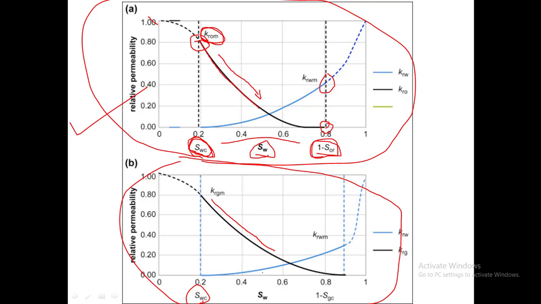You can observe that the permeability of water will also increase, but not as much as in an oil reservoir. Okay, so here it is maximum when you can't produce gas.